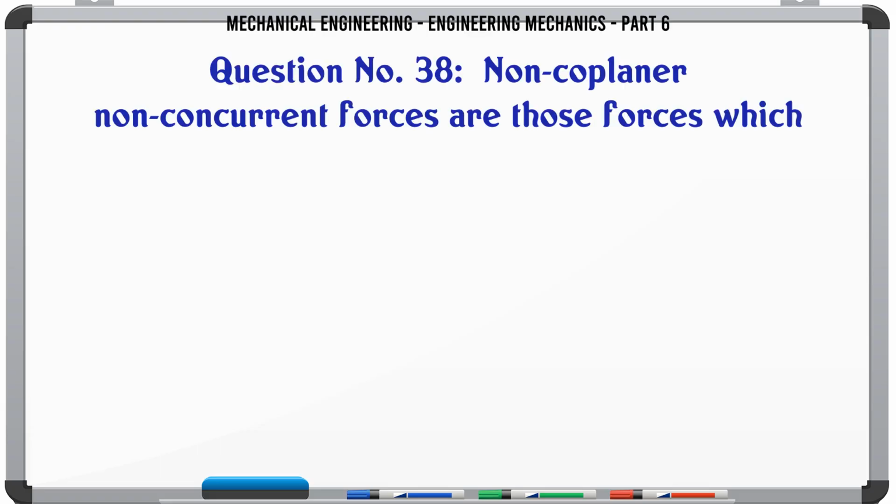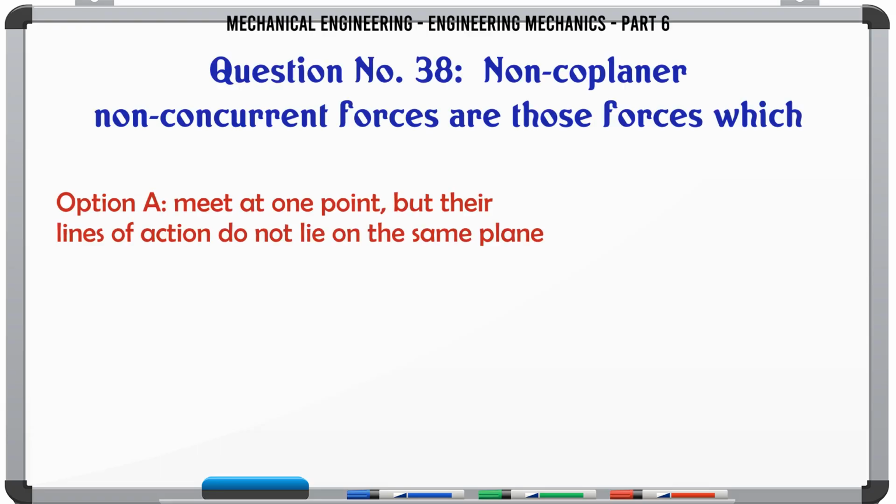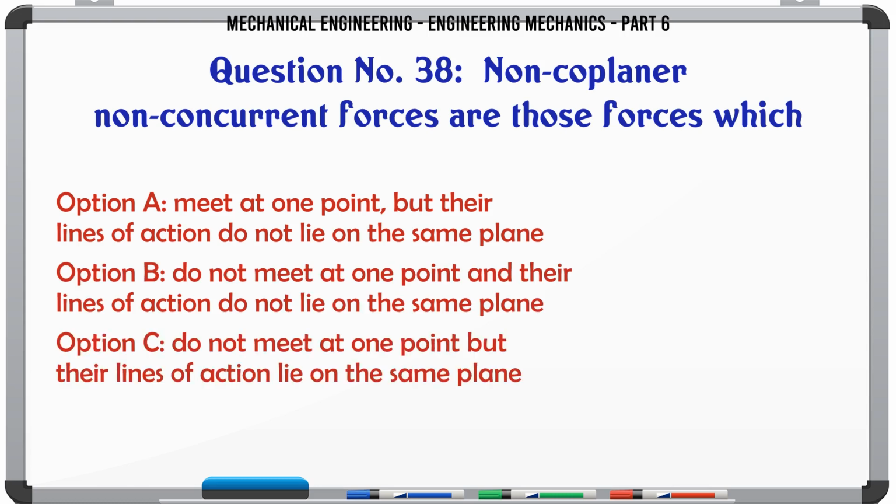Non-coplanar non-concurrent forces are those forces which A. Meet at one point but their lines of action do not lie on the same plane. B. Do not meet at one point and their lines of action do not lie on the same plane. C. Do not meet at one point but their lines of action lie on the same plane. D. None of the above.